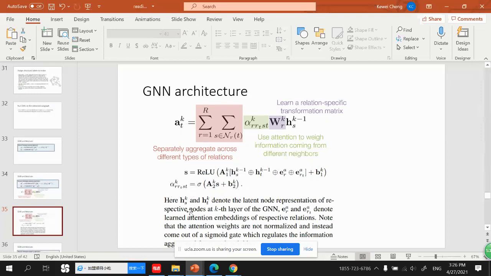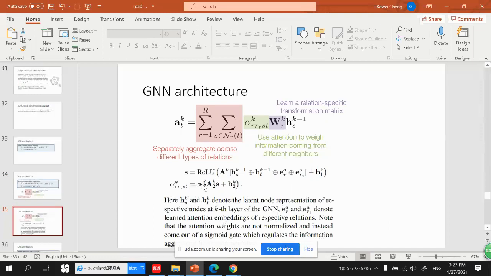But here, one thing we need to pay attention to is that, as we can see, we just use the sigmoid gate here. So actually we do not normalize among all neighbors of a specific node.